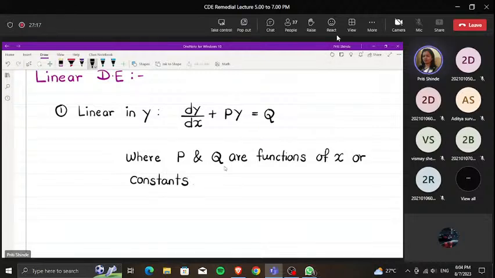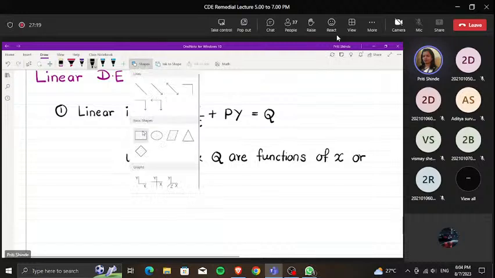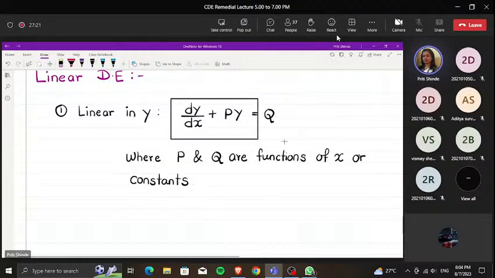Okay. So say your differential equation is dy by dx plus py is equal to q. So coefficient of dy by dx is 1 here.